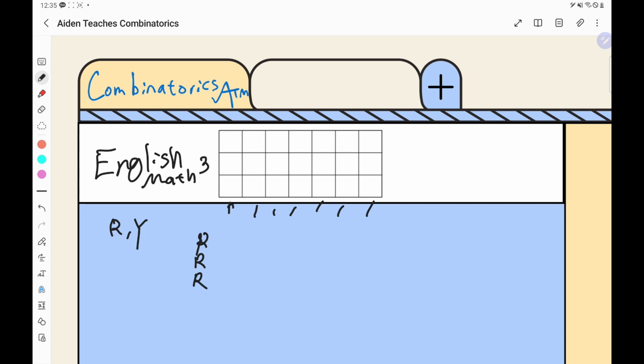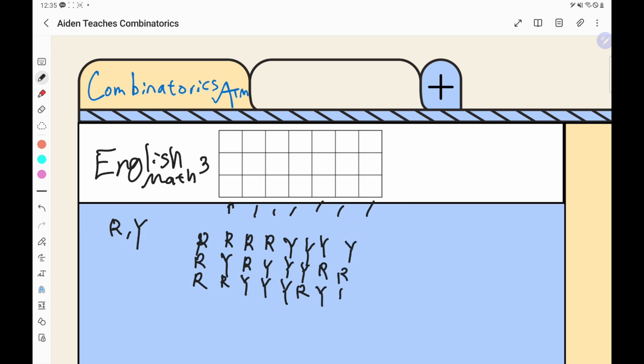Red, red, red; red, yellow, red; red, red, yellow; red, yellow, yellow; yellow, yellow, yellow; yellow, yellow, red; yellow, red, yellow; yellow, red, red. These 8 cases, and now I'm going to pick 2 cases that are very special. We need it for today. Red, red, red, and yellow, yellow, yellow.